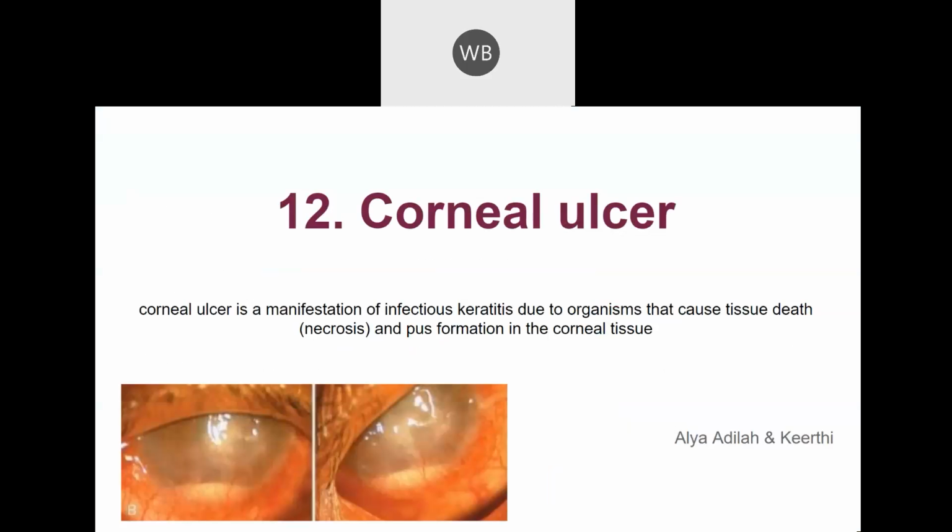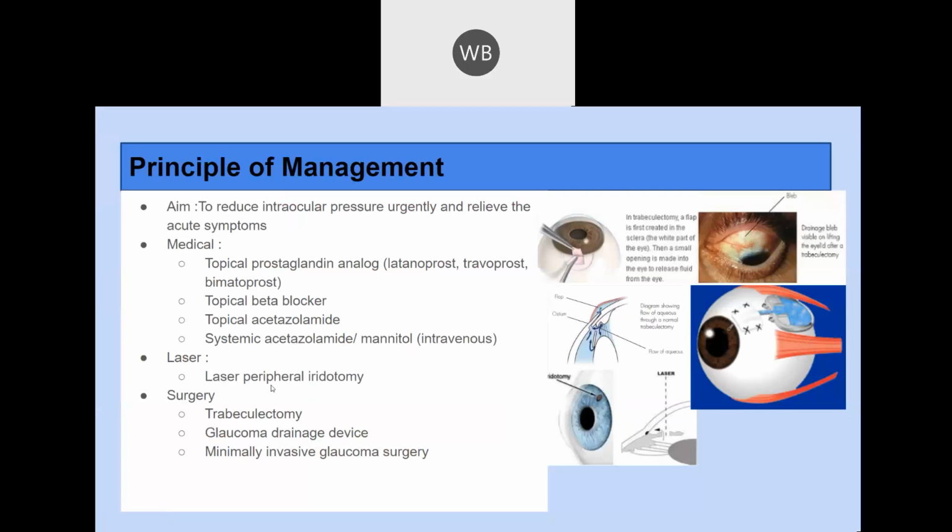Thank you. So basically, if there is a pupillary block, you need to relieve this pupil block. This is why we do the laser peripheral iridotomy as fast as we can. So we create another opening for this aqueous to come to the anterior chamber. And this will depend also on how hazy your cornea is. In the signs just now, there was hazy cornea because of very high IOP.